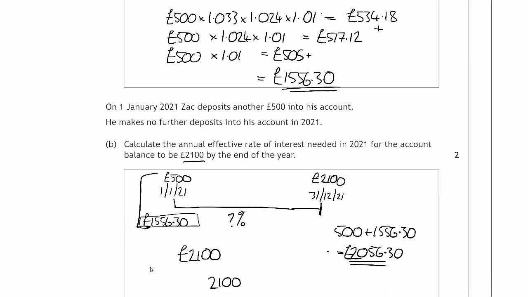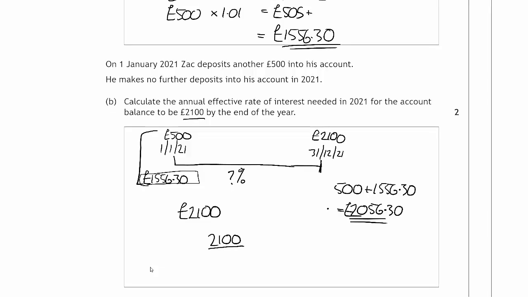Okay, and we're going to divide it by what we have, and that gives you 1.021. So that actually gives you the multiplier. Okay, we're going to get rid of the 1, and that's going to give you 0.21, and then times that by 100, and that's going to give you 2.1%.